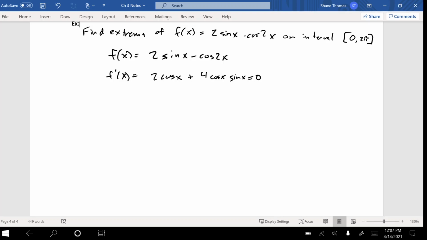Now, from there it's where it gets a little sketchy. Can we factor this at all? Factor out a 2. Can I pull a cosine out? I could pull a cosine out.